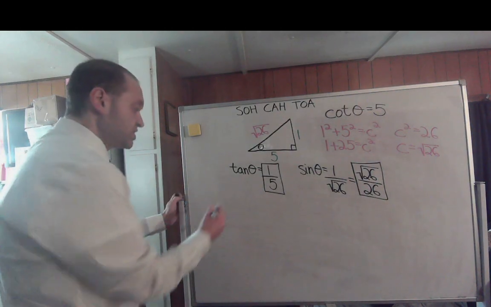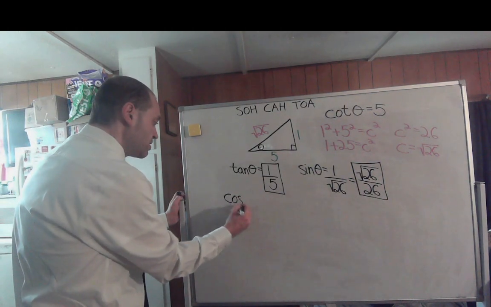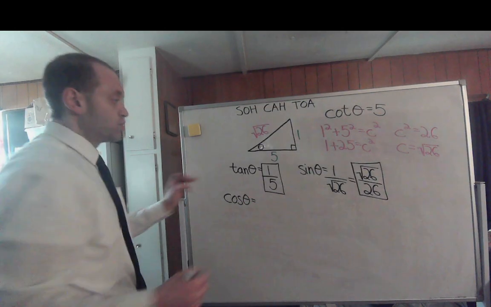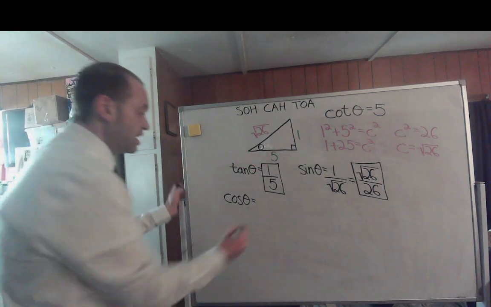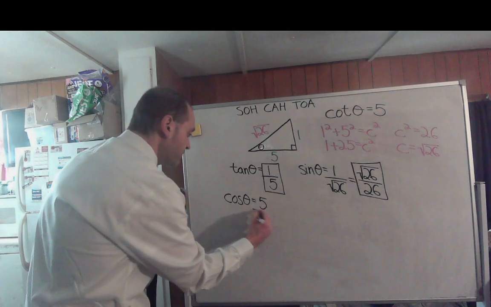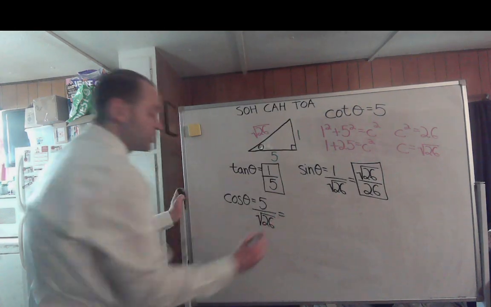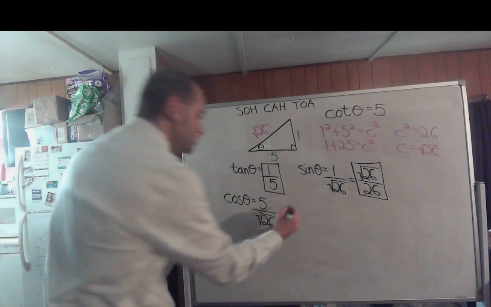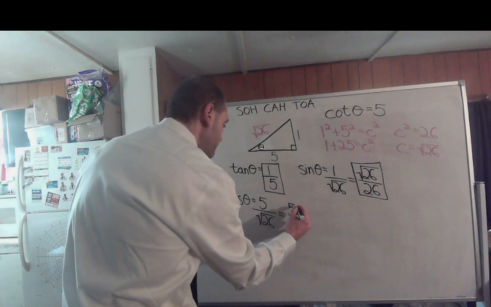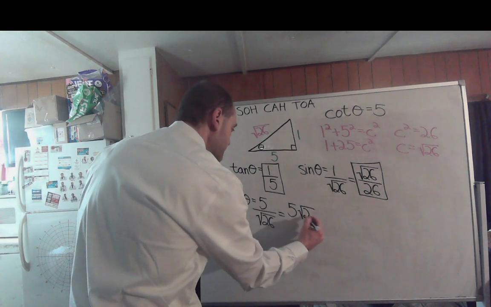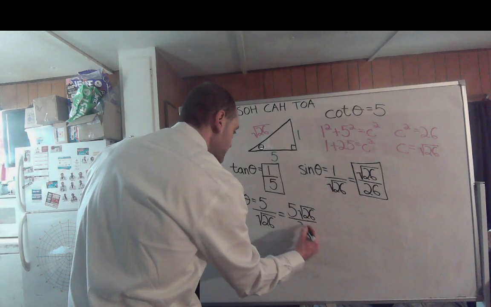Let's go for the cosine of theta. Cosine of theta is your adjacent leg over your hypotenuse, so that would be 5 over the square root of 26, which is actually going to rationalize into 5 times the square root of 26 all over 26.